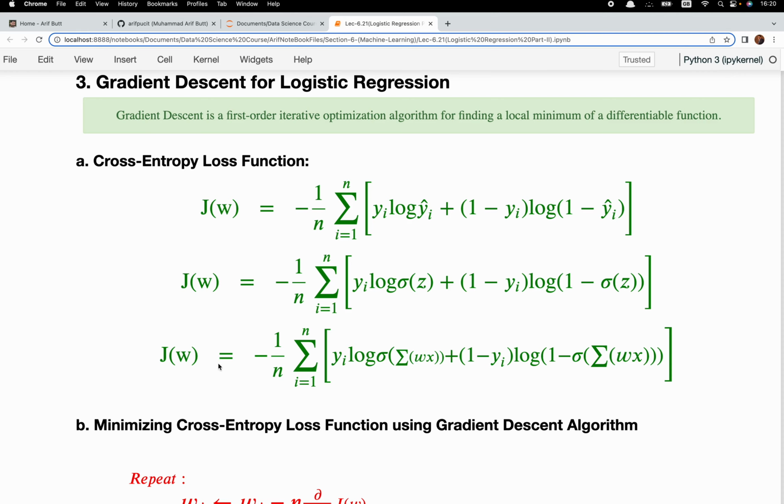So this is the final cross entropy loss function, this third line. So now the task is to figure out how we can minimize this J(w) as a function of w so that we can fit the parameters to our training set.